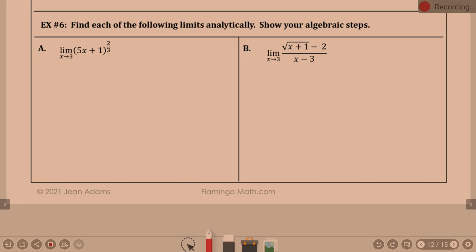So you're putting in the 3, right? 5 times 3 plus 1. And note, this quantity is squared, and that 3 means it is a cube root, yes? So 16 squared.